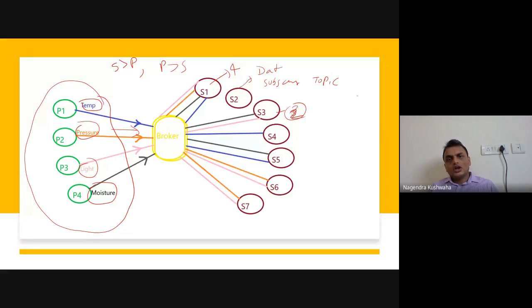So what this broker does, it has all that data, it filters it, and I'll tell you how it filters it, and then sends it to the subscribers. This is the working model of any MQTT scenario, or a scenario where MQTT works very well.